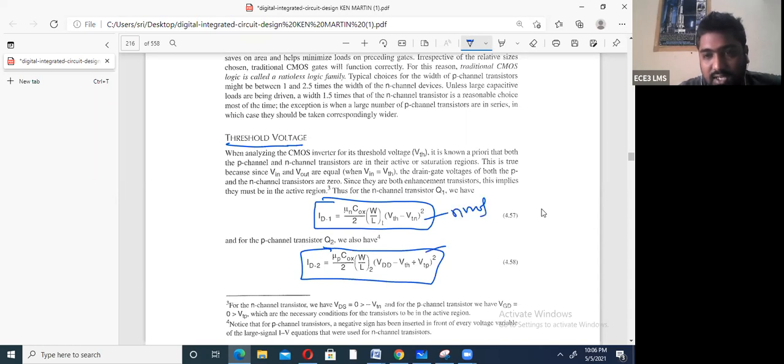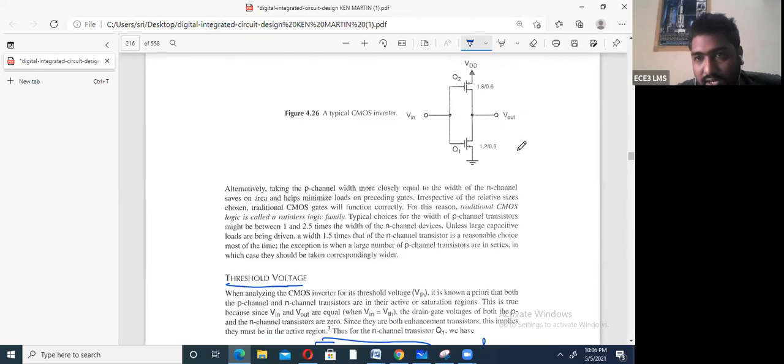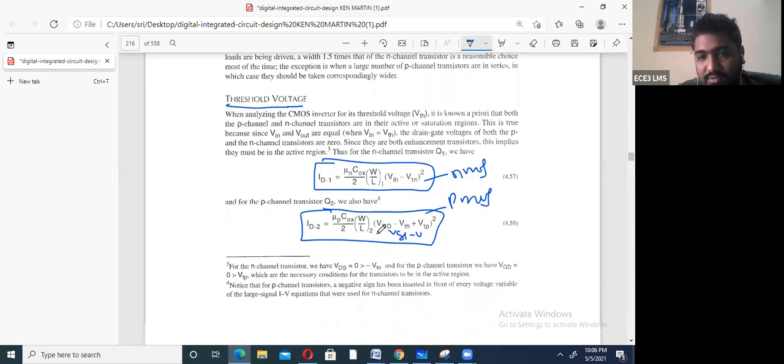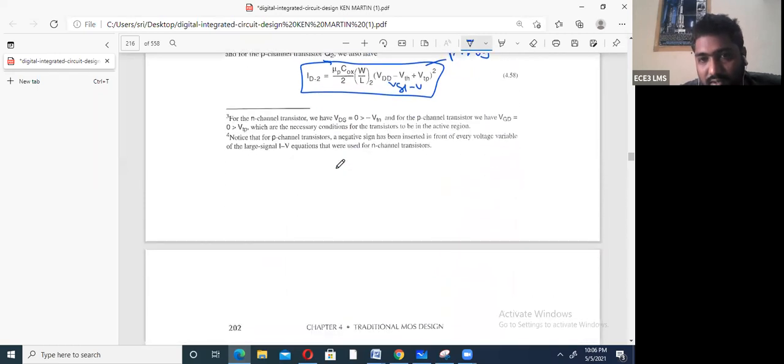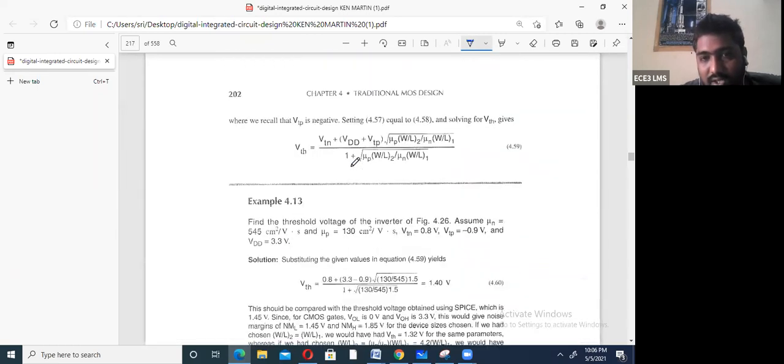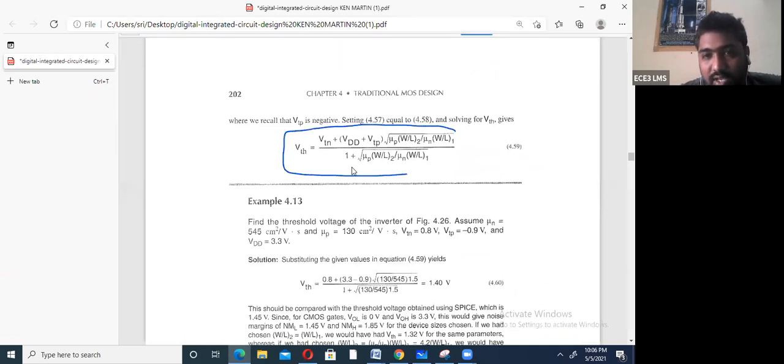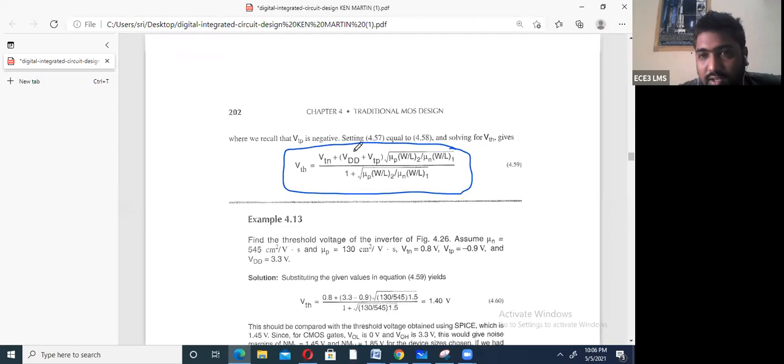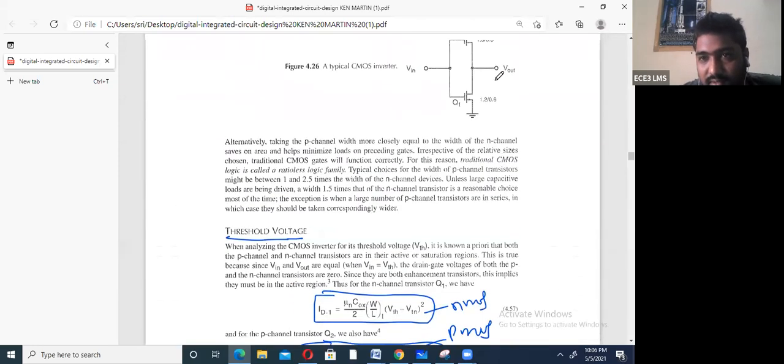This is the saturation current of PMOS. According to VGS minus VT, from the circuit diagram, VGS is nothing but VDD minus Vin, so they substituted that. If you equate these two equations, you will get the threshold voltage equation like this, similar to the pseudo NMOS inverter, but the circuit is different. See, this is the CMOS inverter.